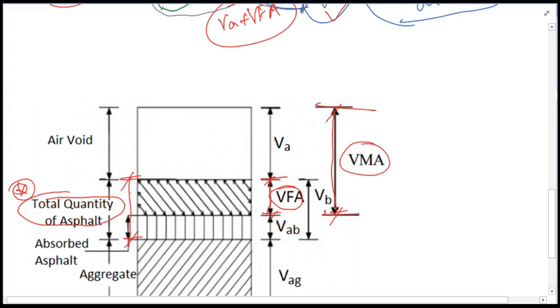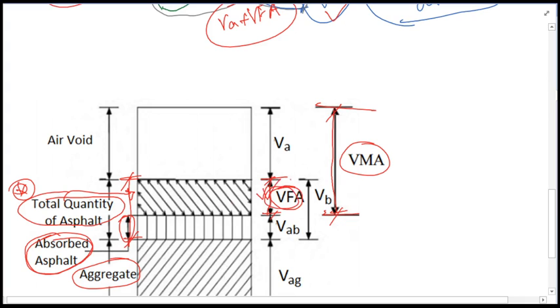One portion will be filling the voids, and the other portion is called absorbed asphalt, which will be absorbed by the aggregates. The remaining asphalt, free in the void within the combination of aggregate samples, will be called the VFA, the void filled with asphalt.